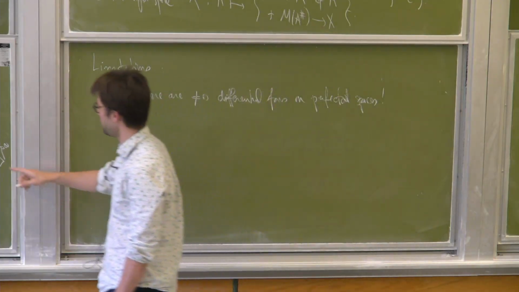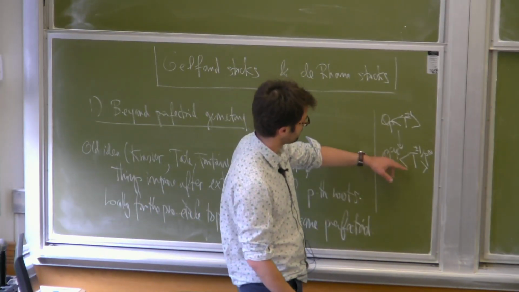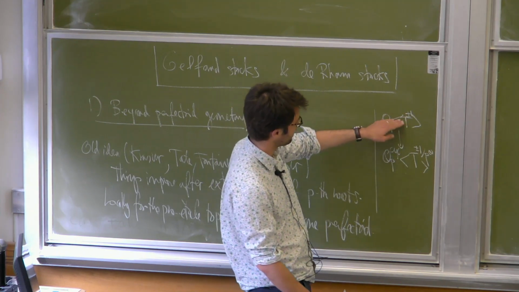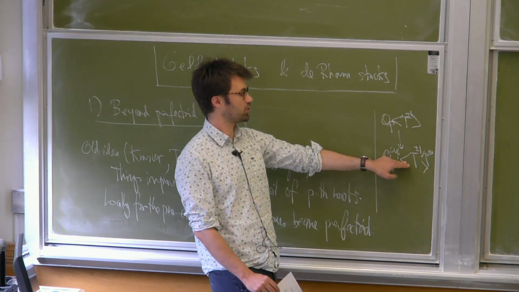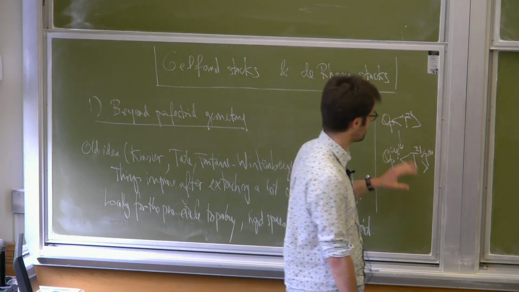So in this example here, if you look at the differential of T, you see that when you replace the Tate algebra by this perfectoid cover, it becomes infinitely divisible by p, and so in the p-completion it will die.